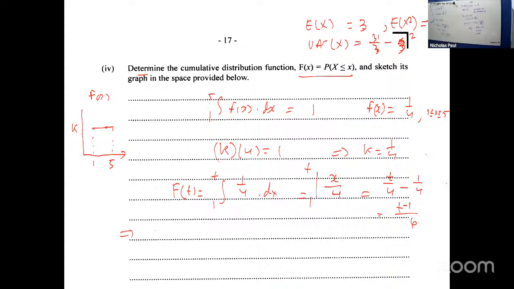So what does F of x look like? It is 0 for all the values less than or equal to 1. Between 1 and 5, it is x minus 1 all over 4. Sorry, I wrote that badly, it looked like a 6 on this side. And it's 1 for all the values bigger than 5.